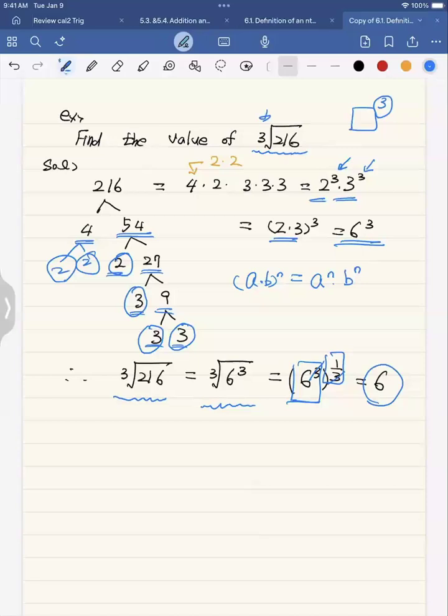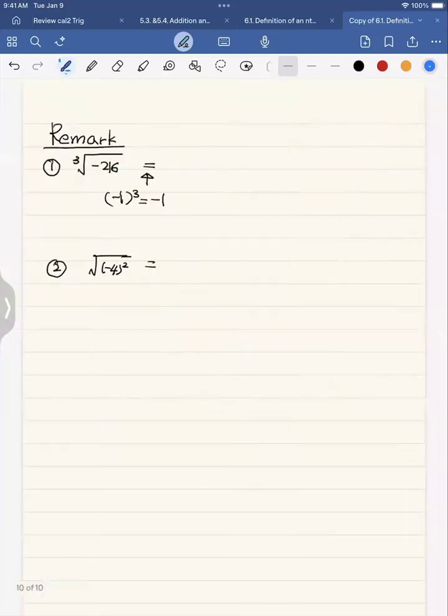This is the cube root of negative 216. This is a cube root, and this is an odd number. So we can consider the minus under the radical sign.